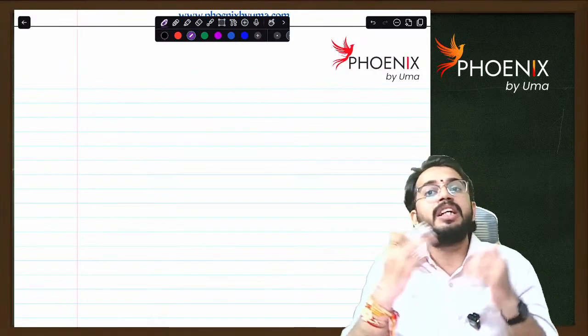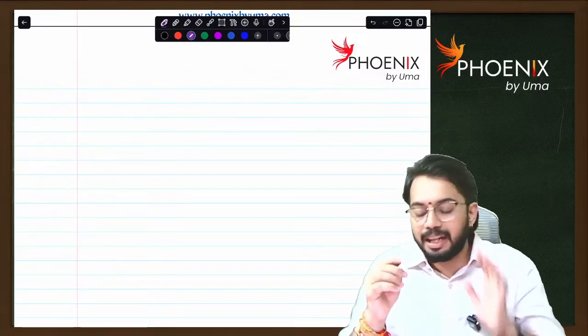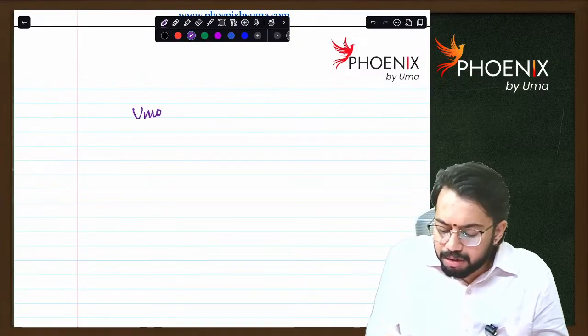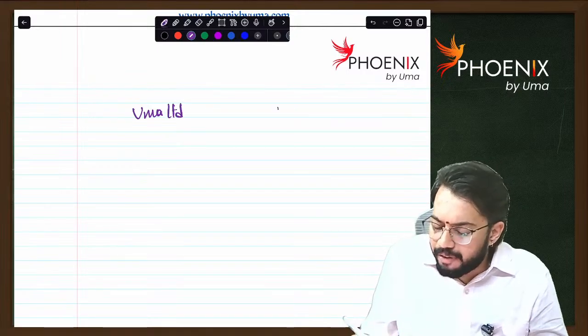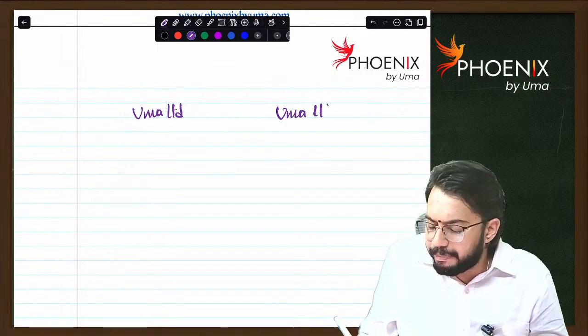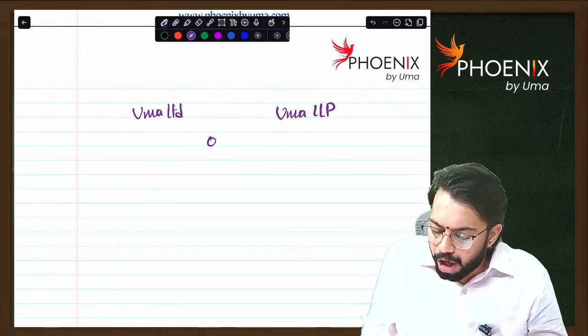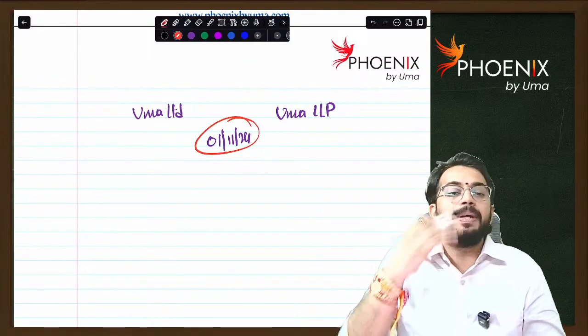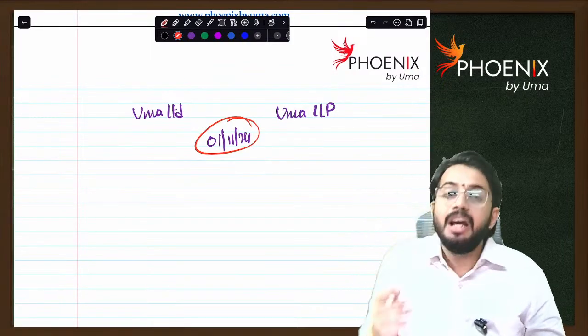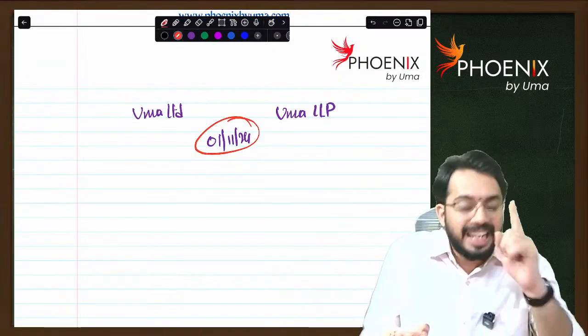But if conversion takes place in the middle of the year, let's say Uma Limited got converted into Uma LLP. This conversion happened on 1st November 2024. Whenever conversion happens in the middle of the year, we will assume a single entity.